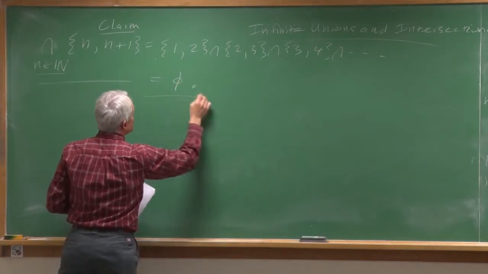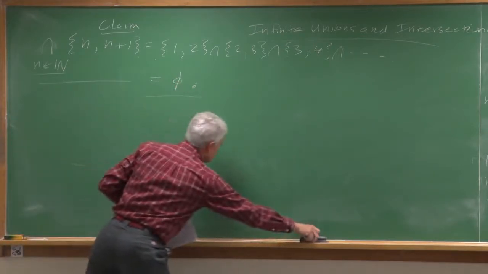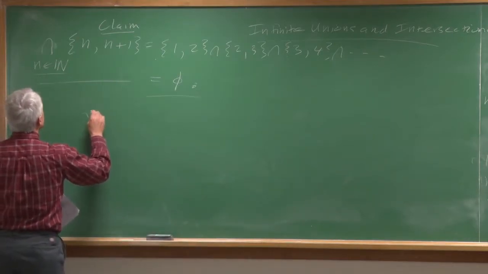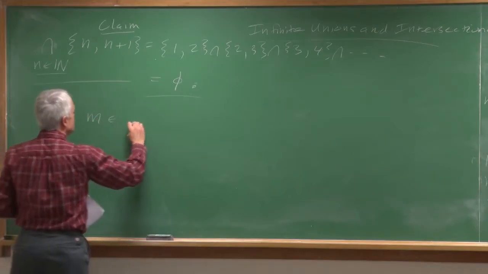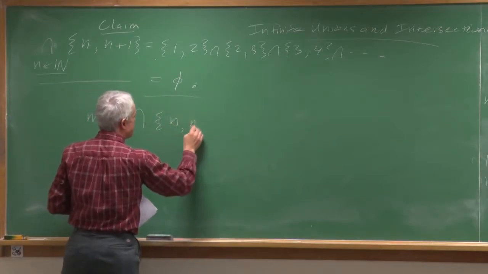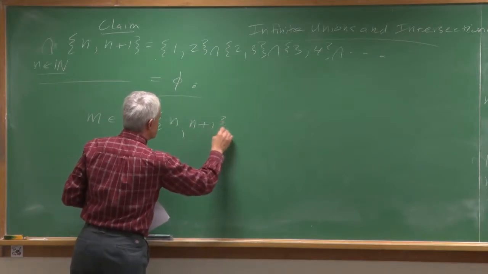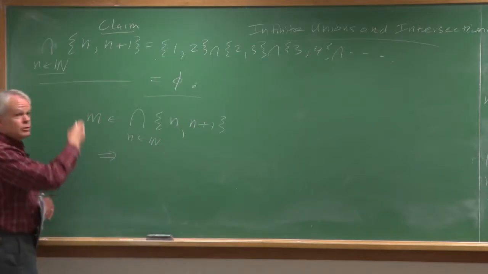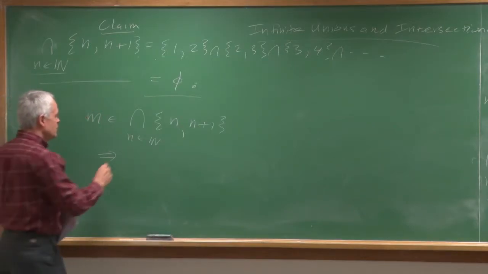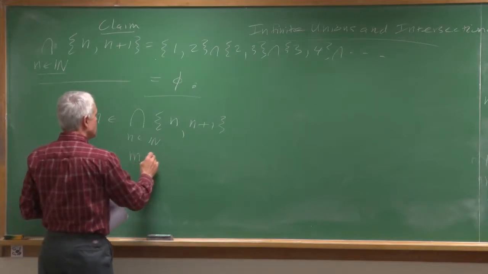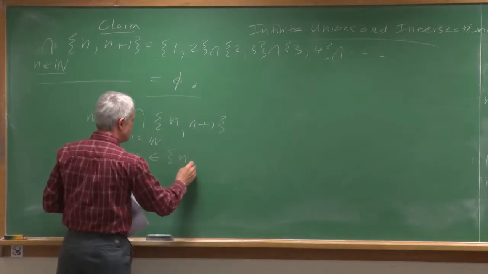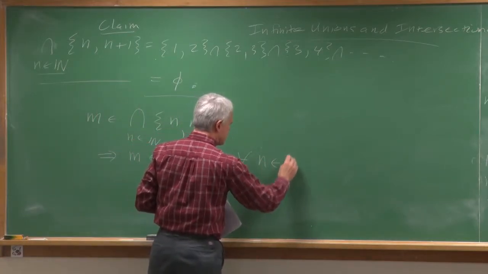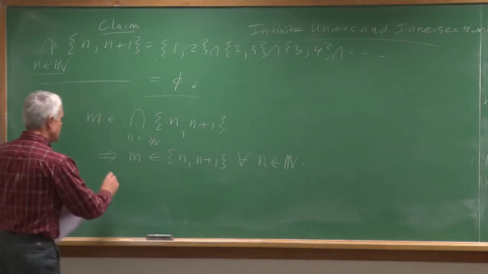Okay, so again, we could prove that formally. That X, or let's call it M, if it's in the intersection of all of these. I mean, we could do it by just what we said there. M is in here for all n, the positive integers.